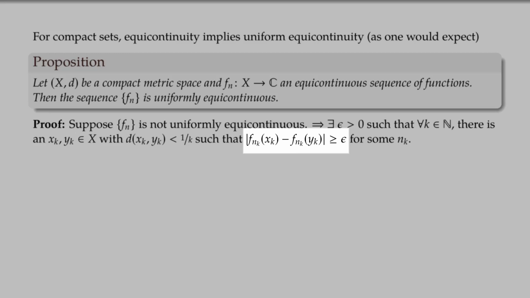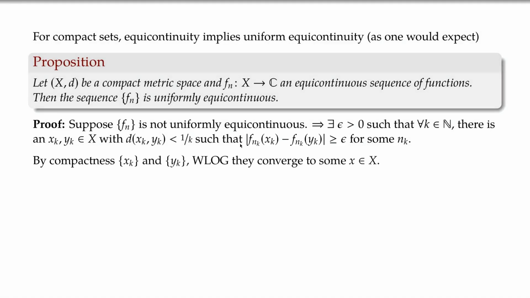So since this is not uniformly continuous, there has to be at least one function in the sequence that breaks this, right? Basically, we're negating, so that for all becomes there exists, right?